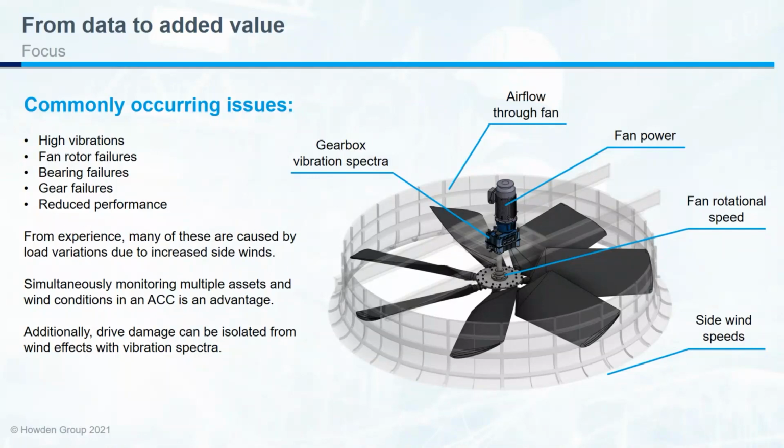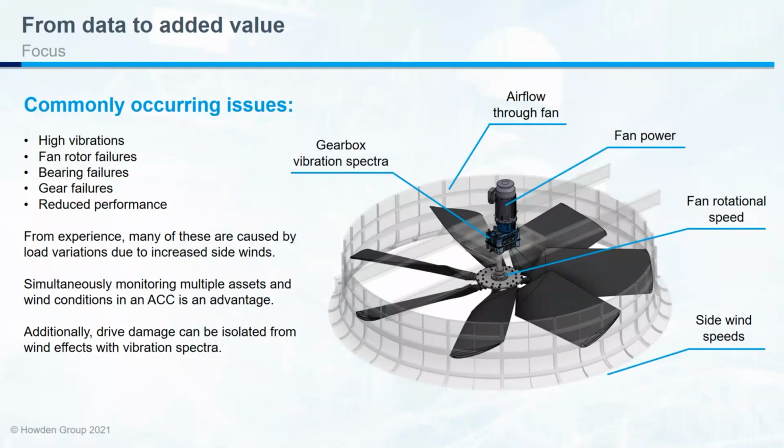So what we are leveraging is the fact that we can separate drive and wind issues as we are doing a spectral analysis, so an FFT, fast Fourier transform, in real time. And that's a big difference with typical measurements, which are often RMS values, and which will indicate when vibrations are getting higher, but you don't know where they are coming from. So I think adding the FFT to your analysis is a great win.